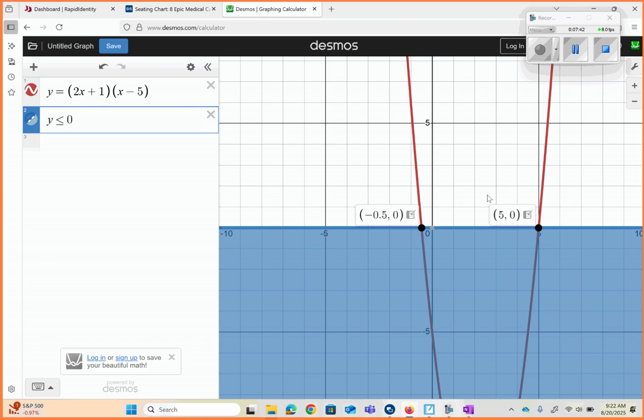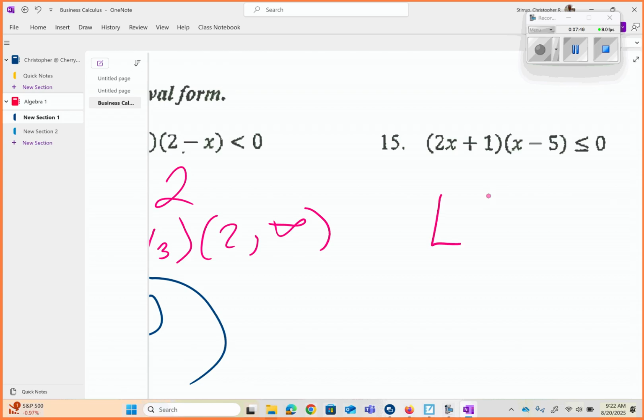Okay, so this particular one is going to look like this. And that is where the domain, the x values, if I were to plug in, is where it would be below, in this case, the x-axis.